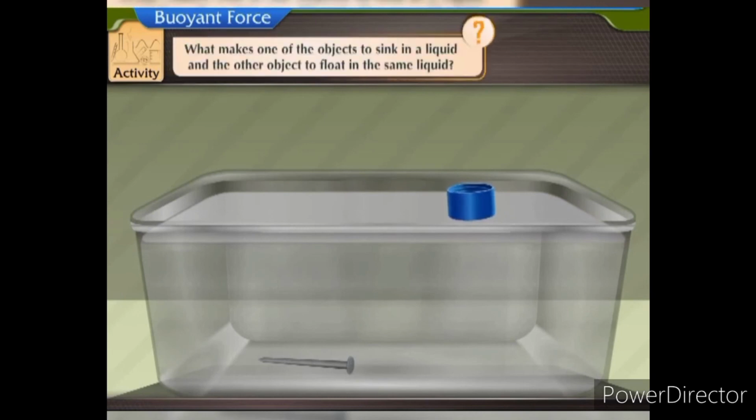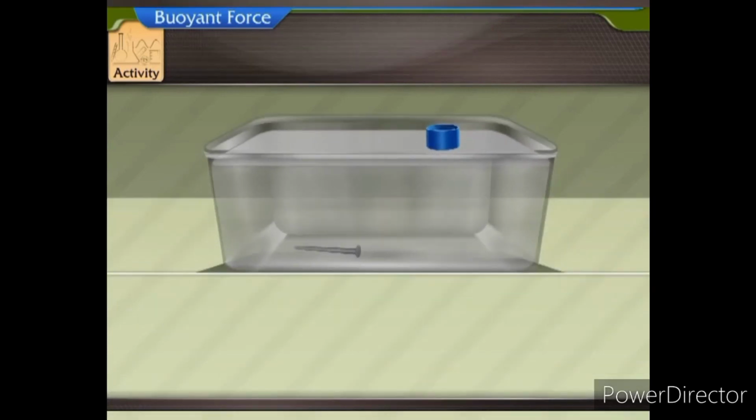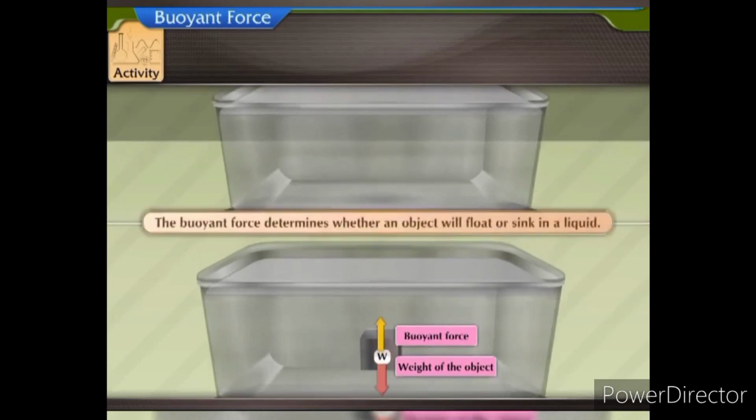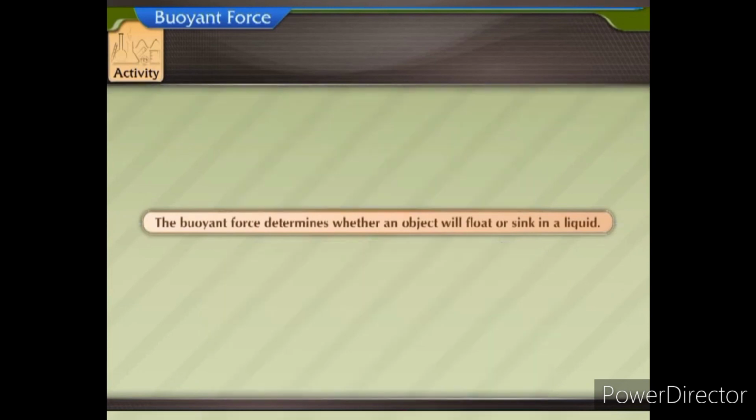What makes one of the objects sink in a liquid and the other object float in the same liquid? Let us find an explanation for this. The weight of the object always acts in the downward direction while the buoyant force acts in the upward direction. The buoyant force determines whether an object will float or sink in a liquid.